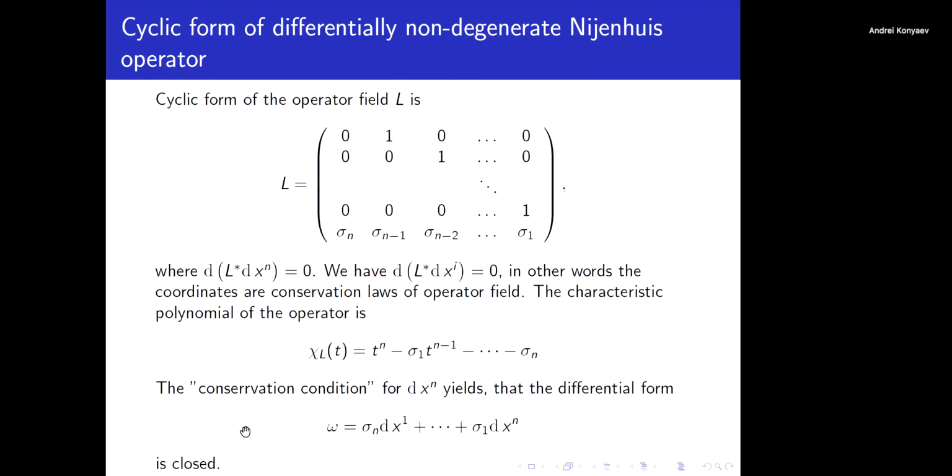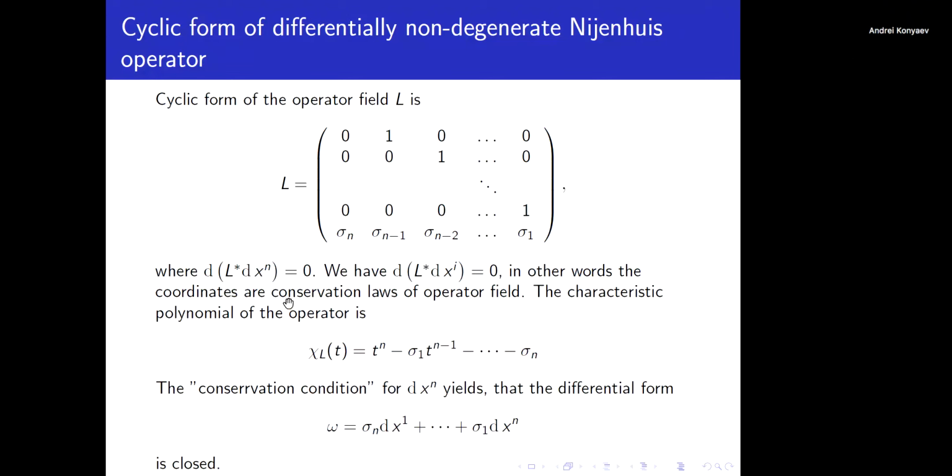So that's where the name comes from. The cyclic operator is an operator written in the following form. It's almost the one we had, only with a different last row. And in addition, we put a condition like this. If we apply this operator L star to the differentials of the coordinate functions, we see that if we apply it to the first coordinate function, we get the second coordinate function, the second gives the third. And finally, if we apply it to the last coordinate function, we get the following differential form, because if we transpose it, it will be in the last column.